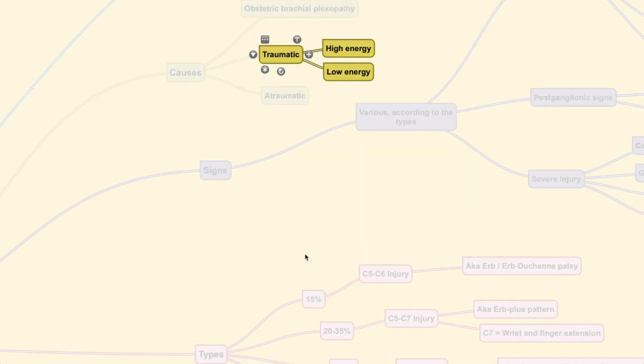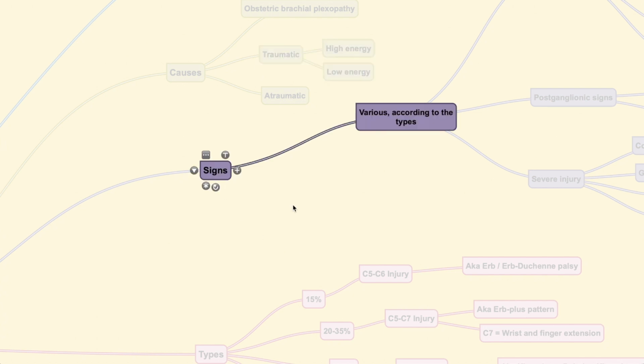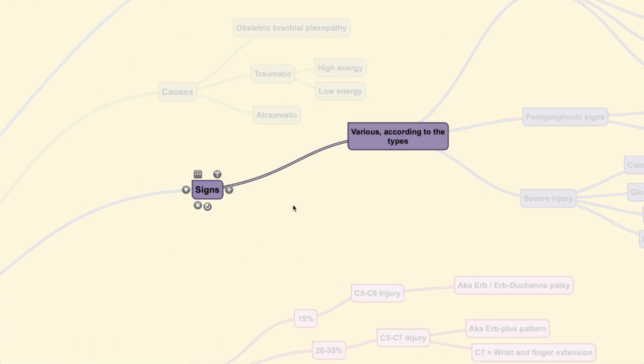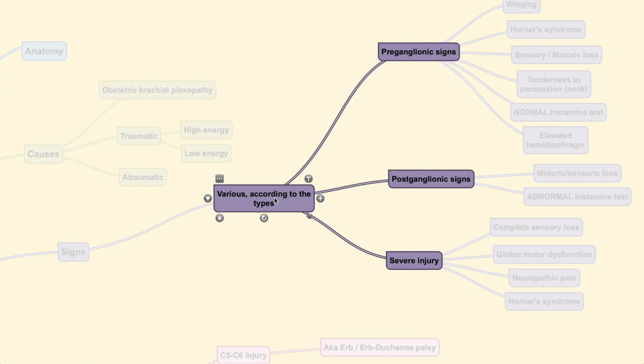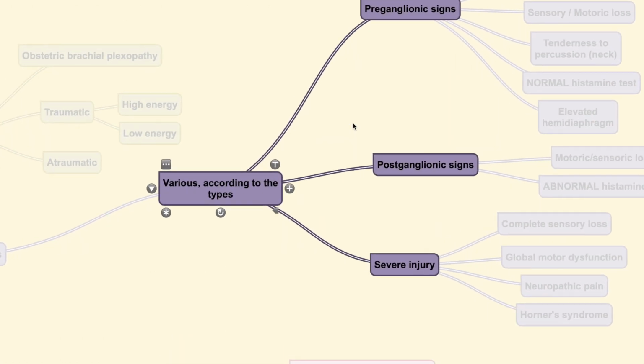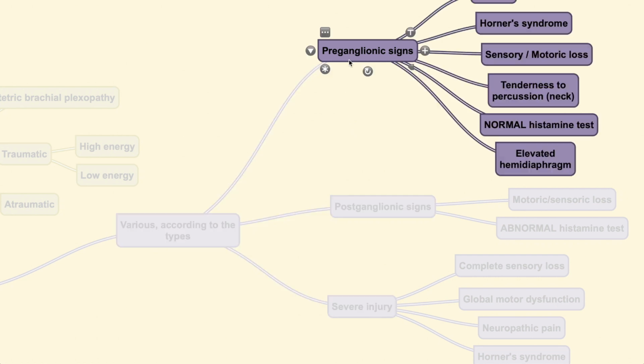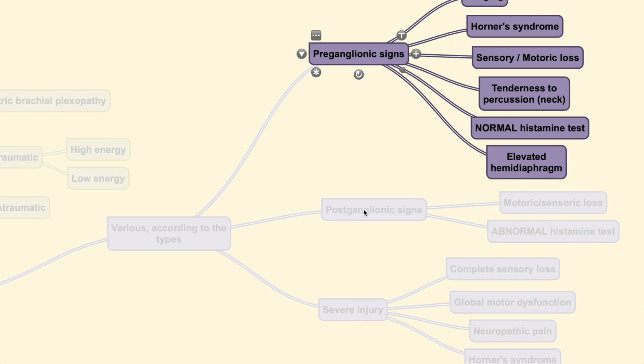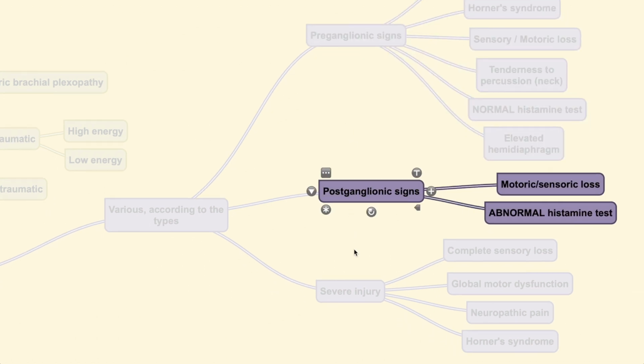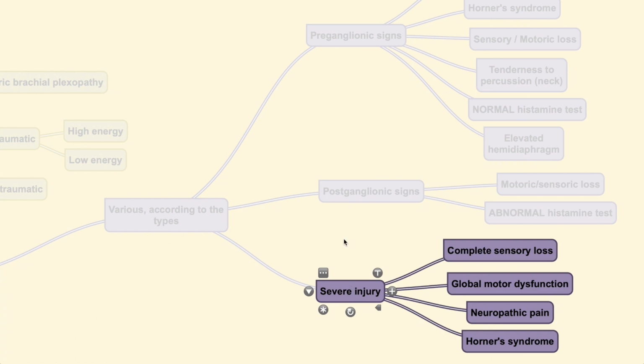Now, the signs of patients who come with a suspected brachial plexus injury are variable because they have different manifestations according to the type of the plexus injury itself. Basically, there are various signs that can lead you to a diagnosis of brachial plexus injury. There could be preganglionic signs, there could be postganglionic signs, or they could present with signs of severe injury.